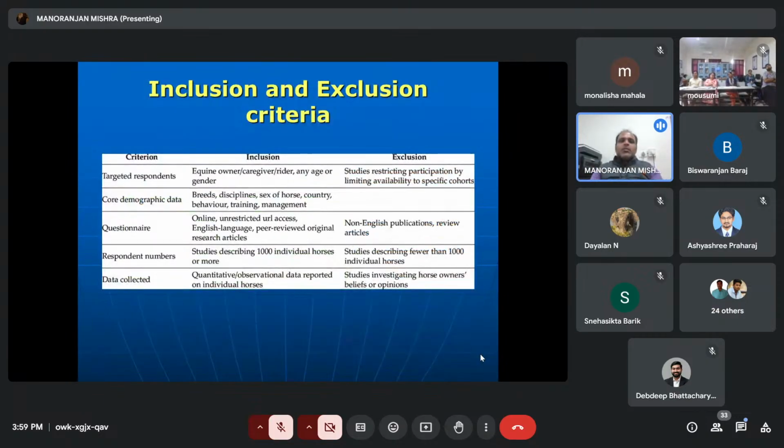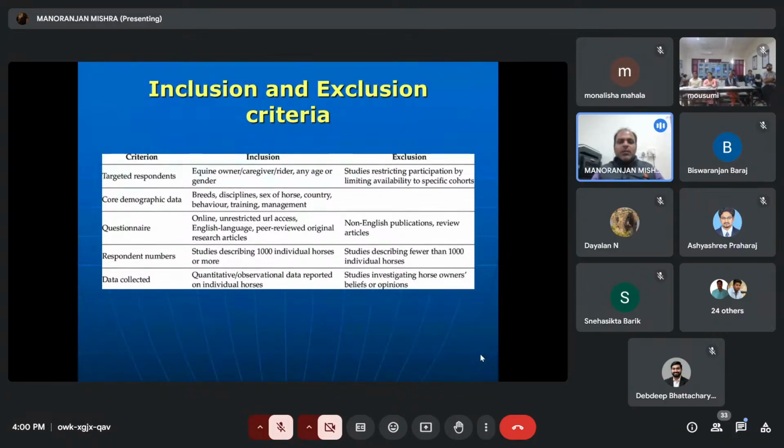As I said, for inclusion and exclusion criteria, you can use targeted respondents or sampling, restricting study participants by limiting availability to a specific cohort or core demographic data. You can use breed, discipline, sex for horses, country, behavior, training, management. You can even go for an online, restricted questionnaire.